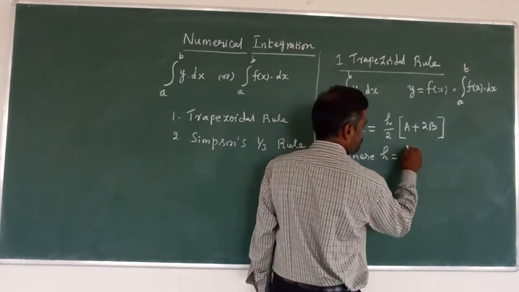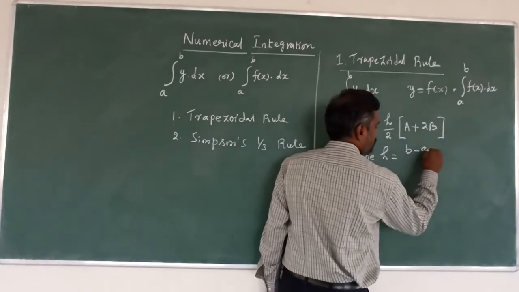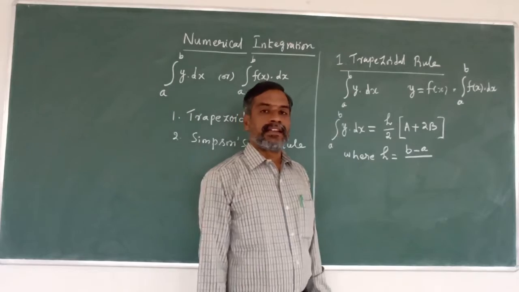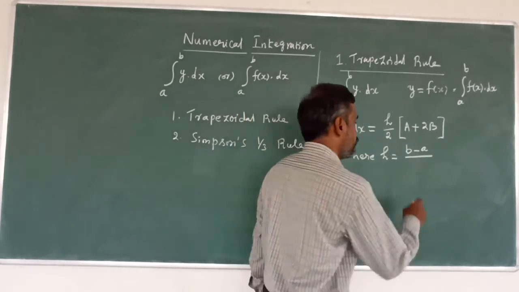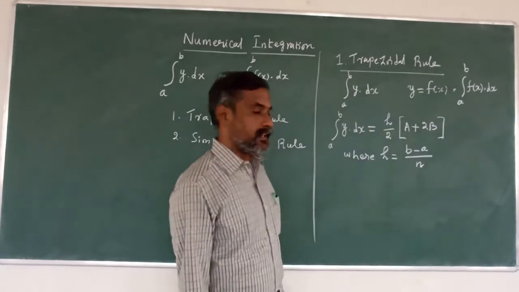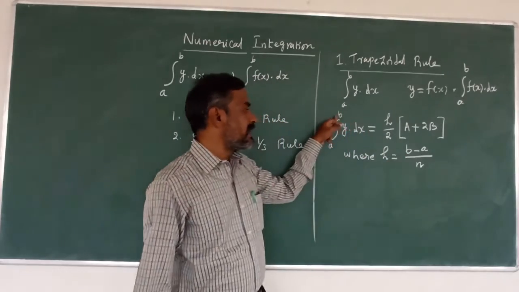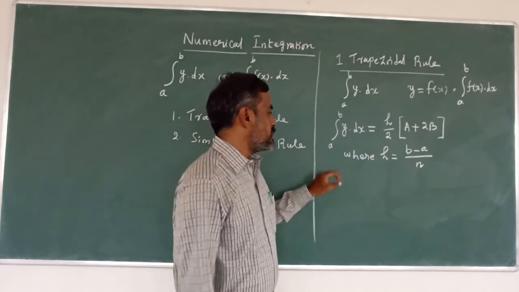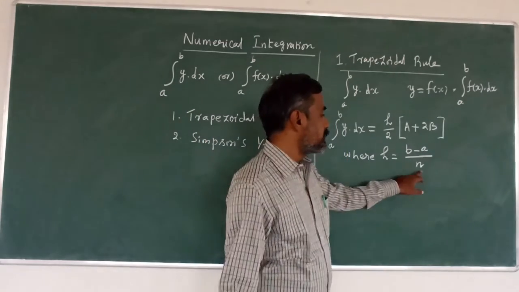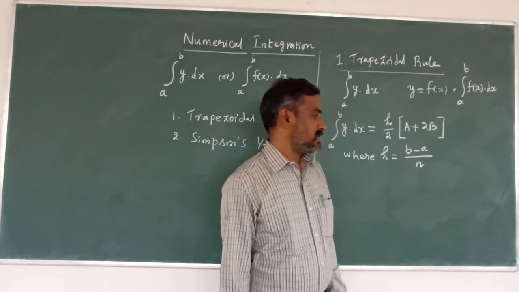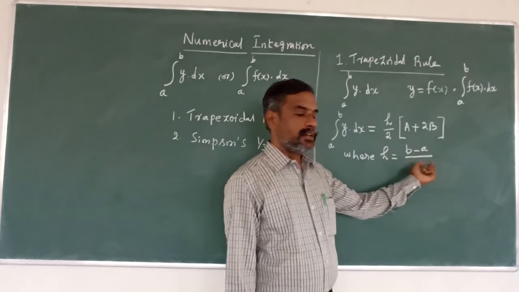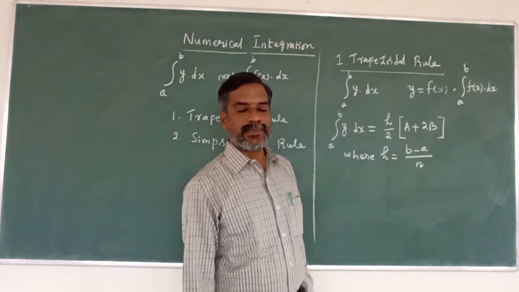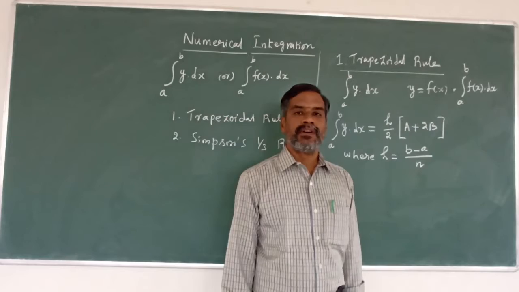Subtract the lower limit from the upper limit and divide by the number of intervals n. Here b is the upper limit minus a the lower limit, divided by the number of intervals. Now dividing these two, we get the h value. h means the interval between two x values.